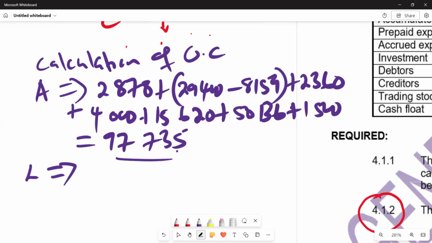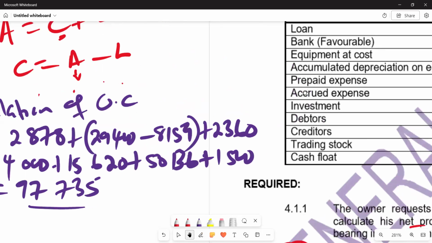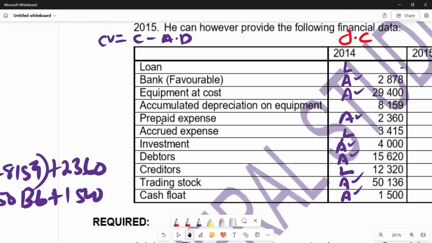Then we now add the liabilities. So the liabilities again, we go and check them. Liabilities, we are saying we now have liabilities. Loan, there's nothing, there's zero. So we are not going to put anything. We have accrued expense 6,450, and then we have got creditors 4,320. So that's what we are going to add there.